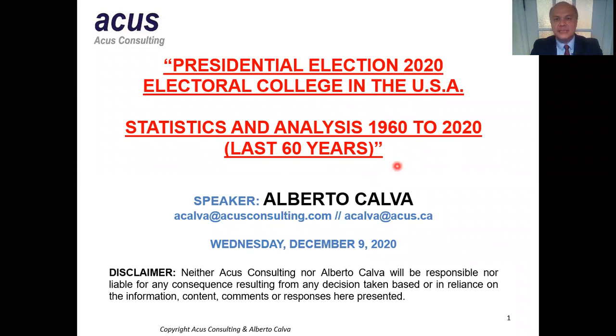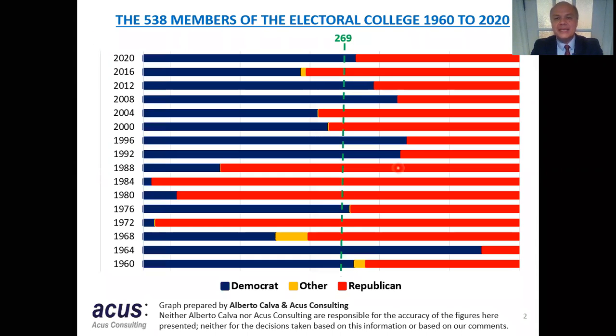Let's start. Probably you have never seen a chart like this one. In this graph, we have information from 1960 up to 2020. This is, we have 16 periods, 16 elections that represent what has happened in the last 60 years in the United States.